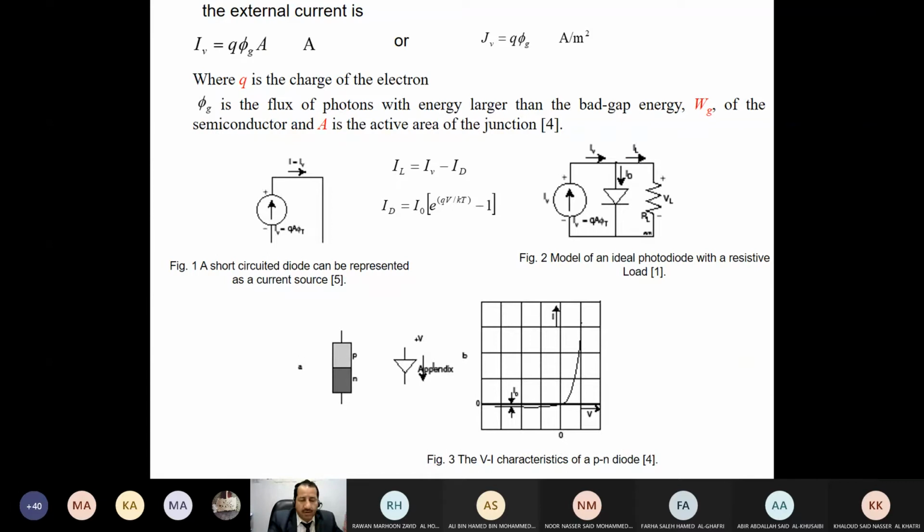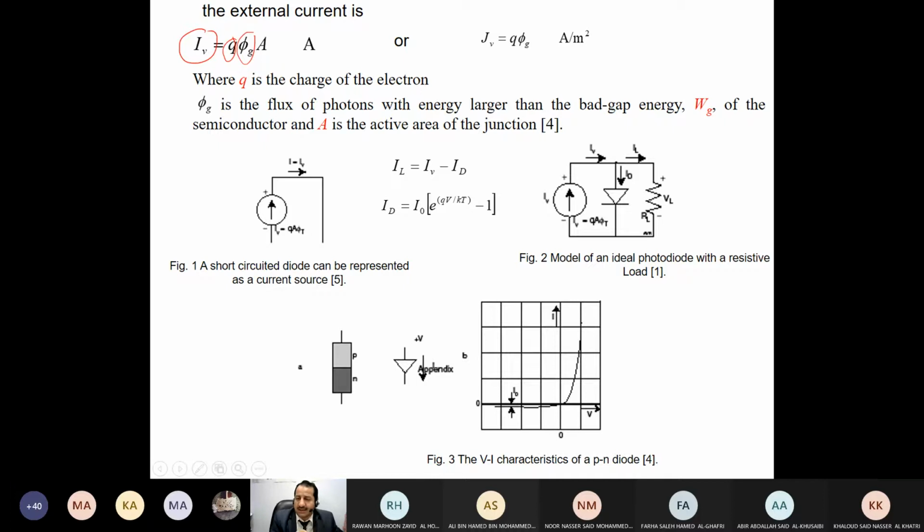Now, to model the solar cell, like physical systems or devices, we need to represent them mathematically. We model them so we can deal with them. So if I want to model the solar cell, I will say that the current produced by the solar cell is the charge of the electron times the number of electrons produced by the photons.